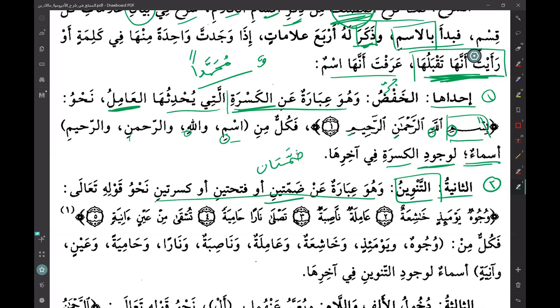Inshallah, we'll do the duals in this class, but I'm pretty sure some of you know. Yes, two dammas. But why say dammatani? Because of harful jar. It has to be in the majrur state.